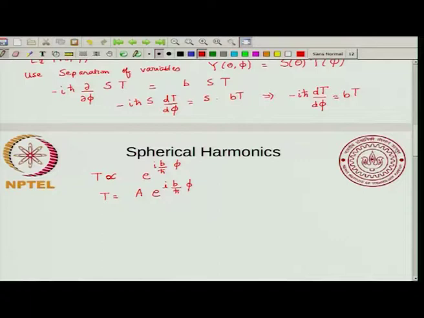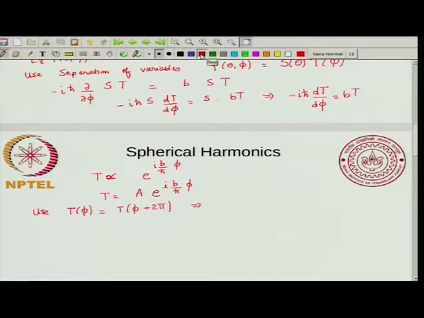So this is the solution of the phi part, and you can use t of phi equal to t of phi plus 2 pi. This is because your angle phi varies from 0 to 2 pi, and if you increase your angle by 2 pi, then you get back to the original angle. Sorry, before I get to a, we will come back to it in just a minute.